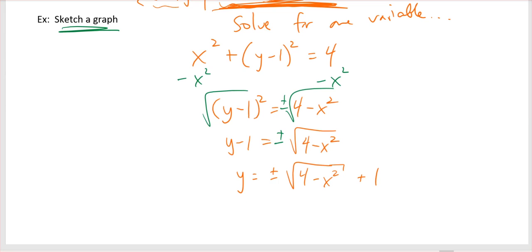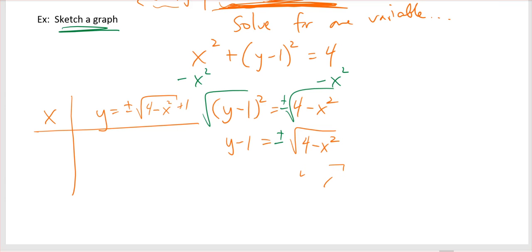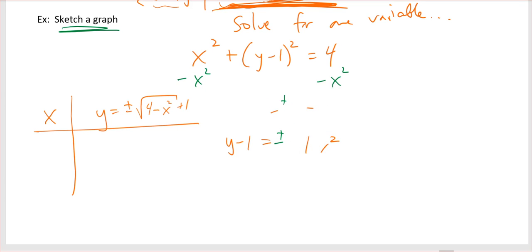So here we go. We got x's, we got y's. And we know that y is going to be plus or minus this business: square root of 4 minus x squared, plus 1. All right, now that we've done that, let's get rid of this so I've got a little more room.